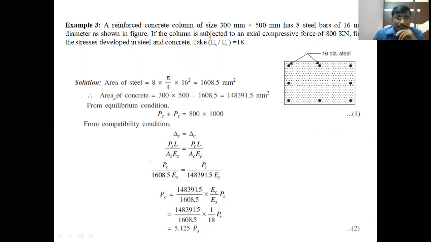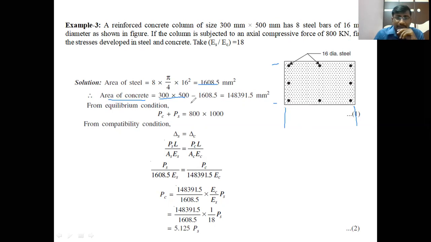And the area of concrete: the total dimension of the column is 300 mm into 500 mm. This is 300 from this place to this place, and this place to this place is 500. So the total cross-sectional area of the column is 300 into 500. But in that, 8 steel bars are there, so the remaining area is the concrete area. So minus the area of the steel bars, 1608.5 mm square.